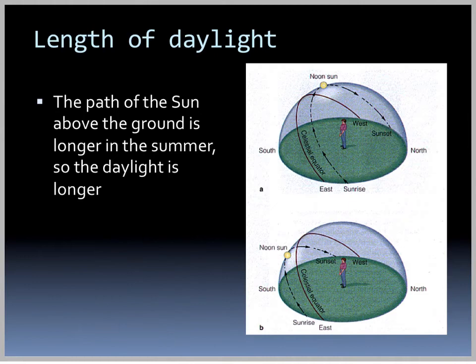Whereas in the winter, when the Sun is south of the celestial equator, the Sun will rise south of east, follow this path, and set south of west. It's not in the sky as long, and so I get less energy from it. It's cooler. On the equinoxes, the Sun rises and sets on the celestial equator.